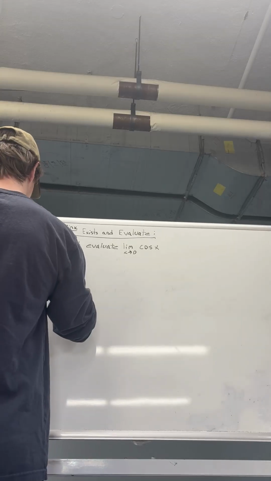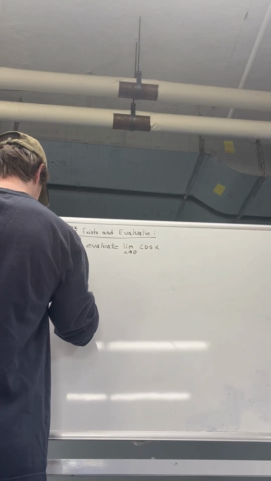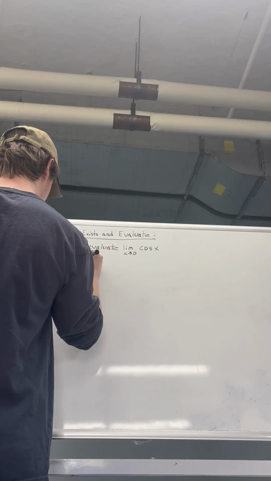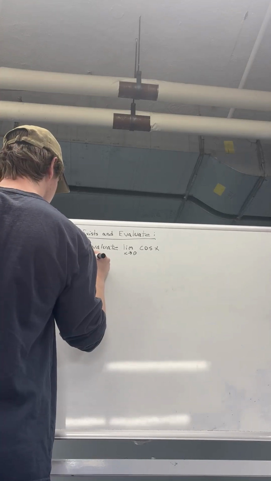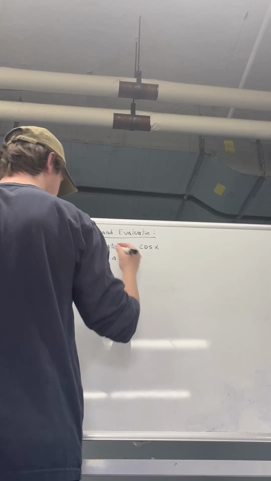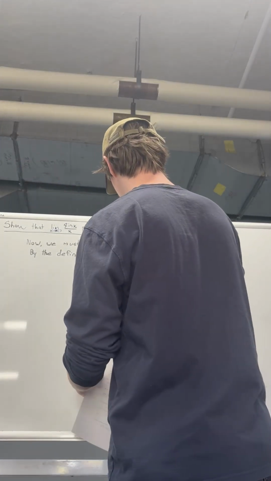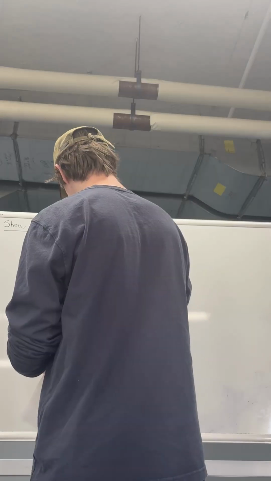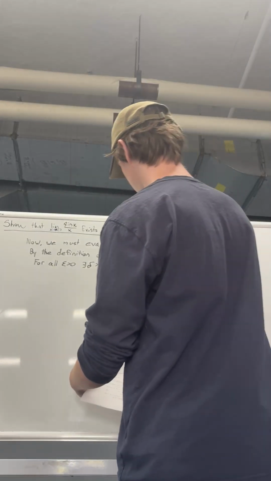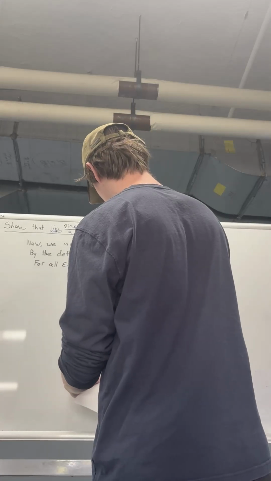Here, from your time in pre-calculus and AP calculus, you will know that cosine of 0 is 1. So we will use this as a guess for our limit. Here I am writing out the definition.